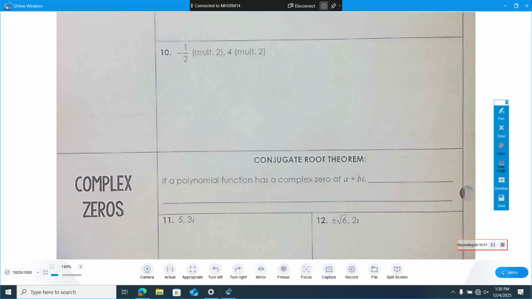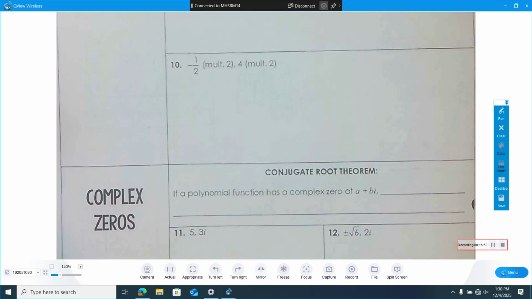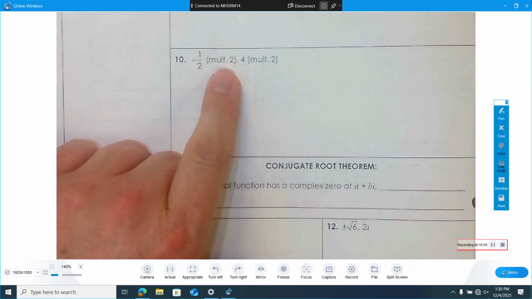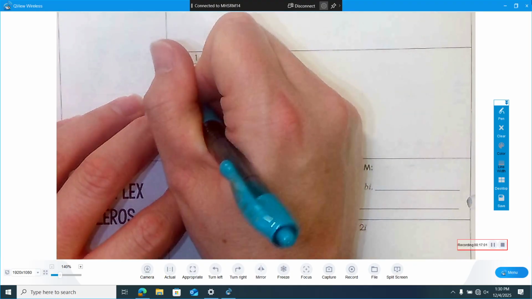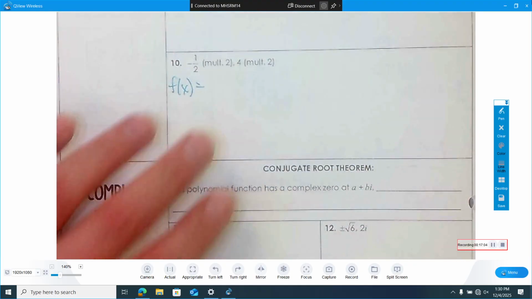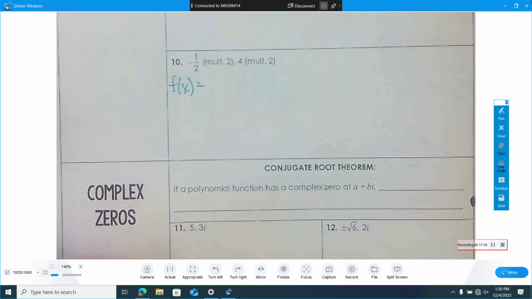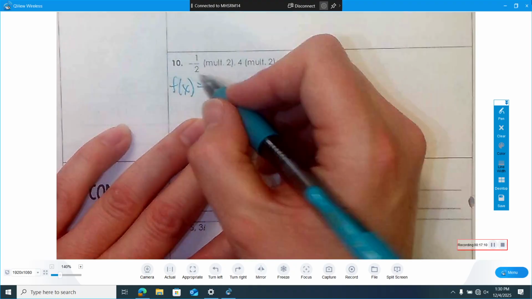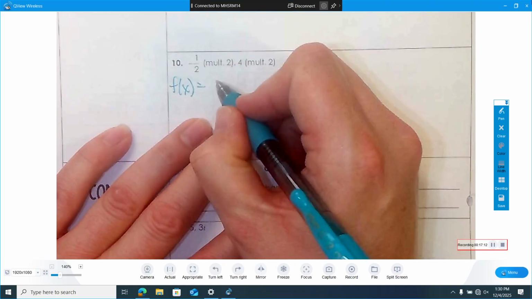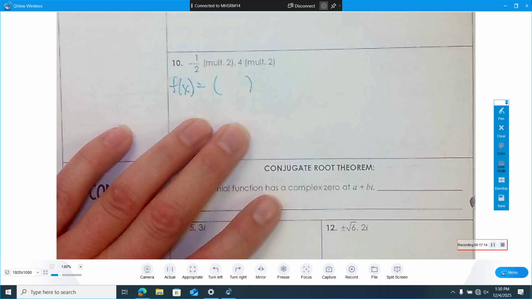Number 10, we have multiplicity 2. What did that mean when we had multiplicity 2? There's 2 of them, yeah. So if I were to set this up, I'm not going to multiply this one all the way out because I want to get to the i's, which is more interesting. So if I have a 0 of negative 1/2, what bubble did that come from?